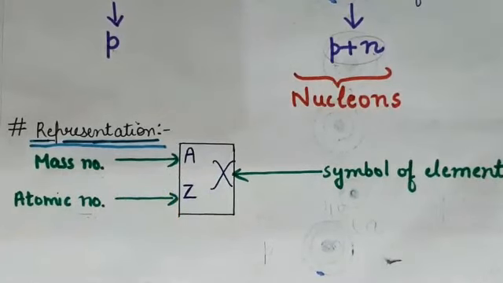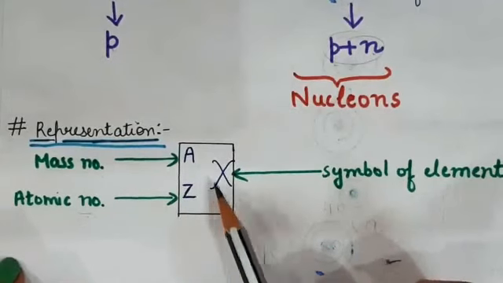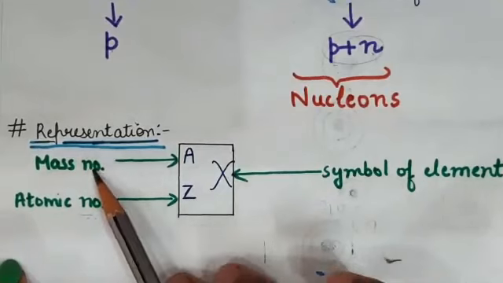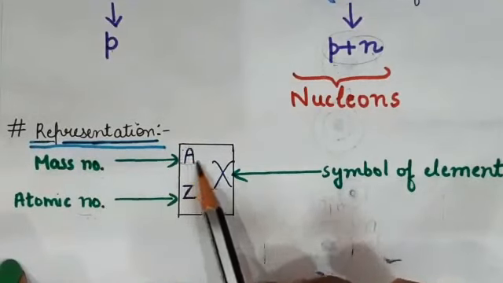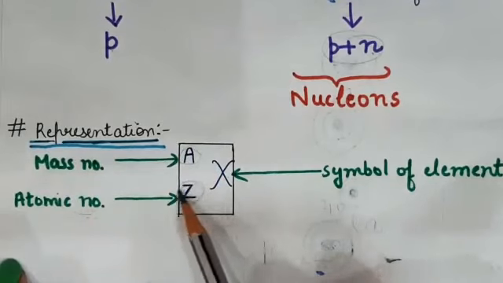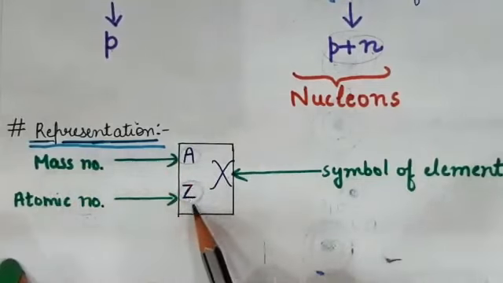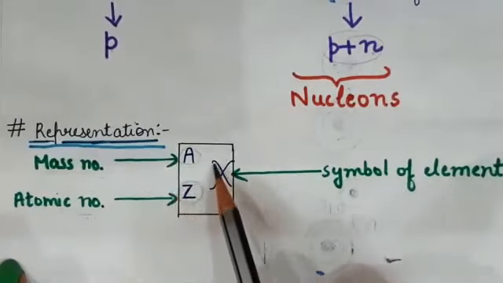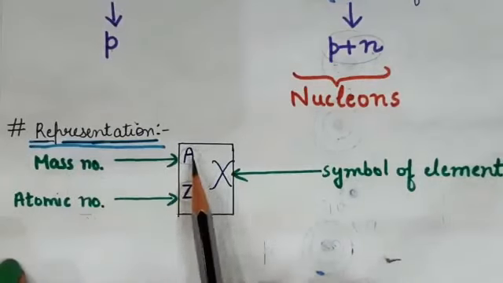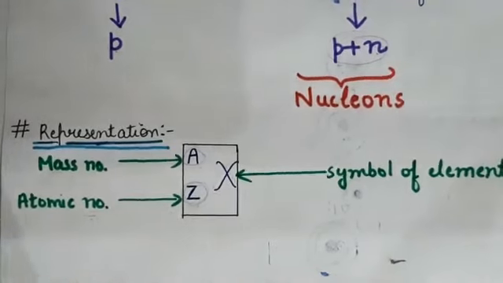Okay, suppose there is an element X. So we write X, that is the symbol of the element, and the mass number is written on the top, and the atomic number is written below. They are written on the left hand side of the symbol of the element. Mass number is represented as capital A and atomic number is represented as capital Z.